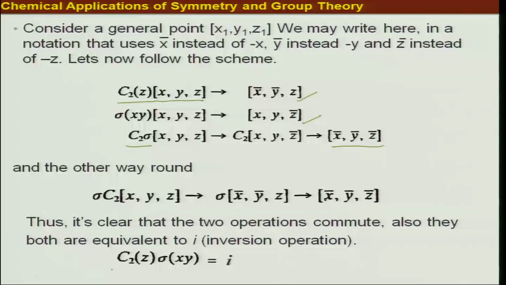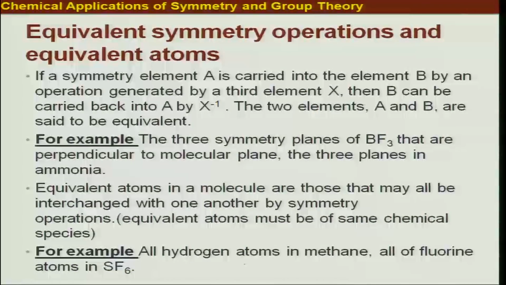So ultimately, if you operate C2 and sigma such that C2 is perpendicular to the sigma, for example C2x and sigma yz, then it will give you I, or the inversion operation.